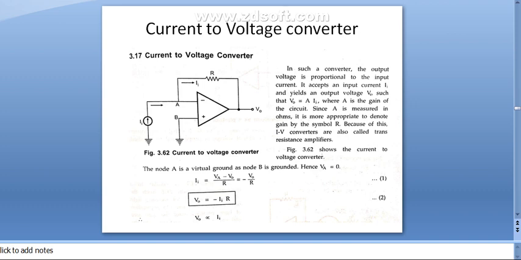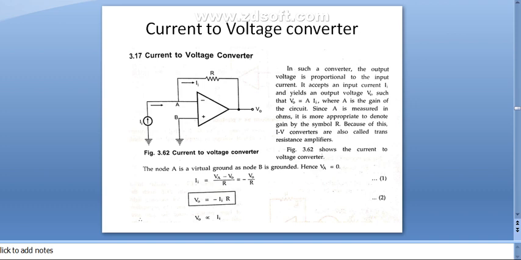It accepts an input current II and gives an output voltage V0. Then V0 equals A II. Here the output is V0 and the input is II, so the gain is V0 by II.